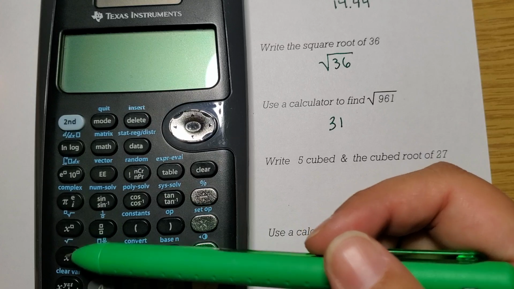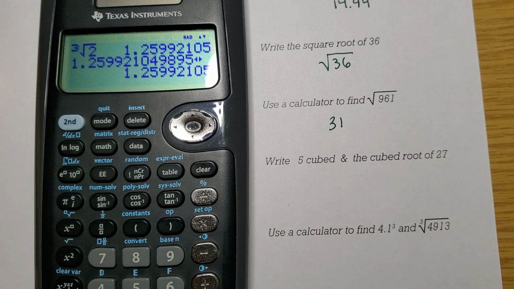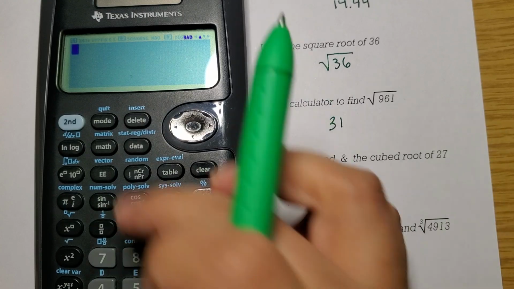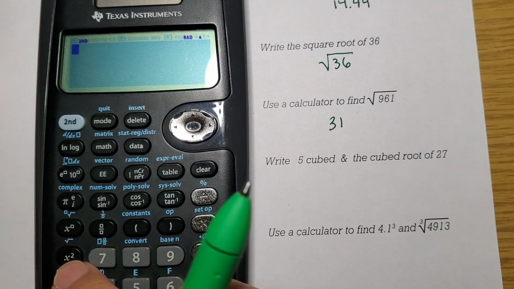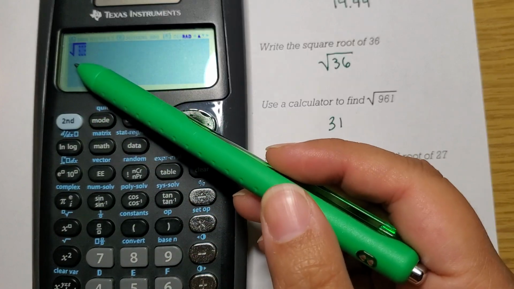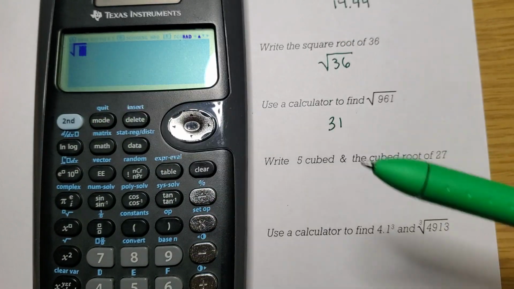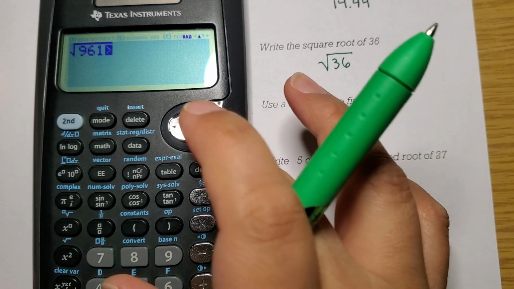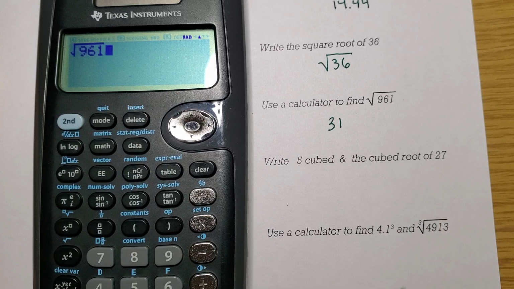If I want to find the square root of 961 on here, let's clear out that mess, I'm going to type in second and then x squared. That types in my square root sign. Then I type in what's underneath, 961, go over, and hit enter. There we go, we get 31.